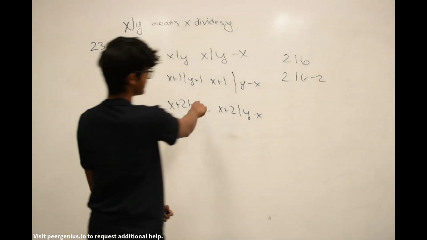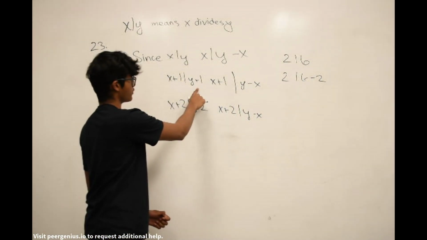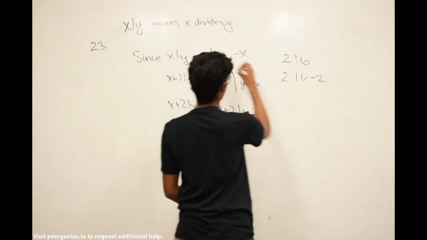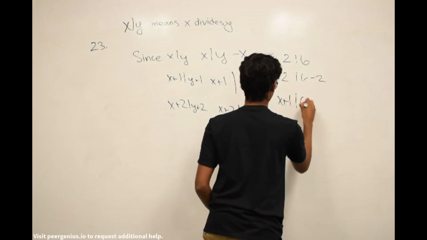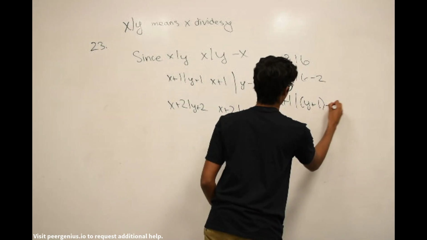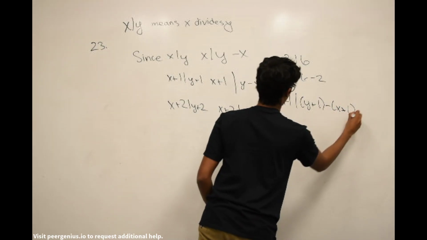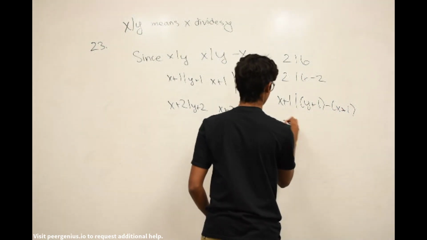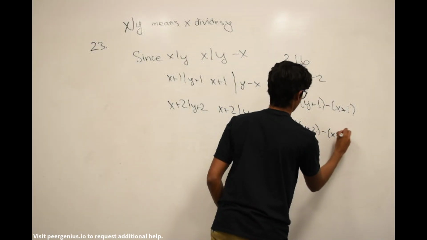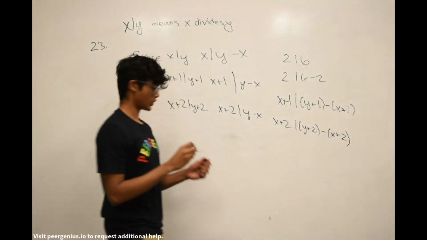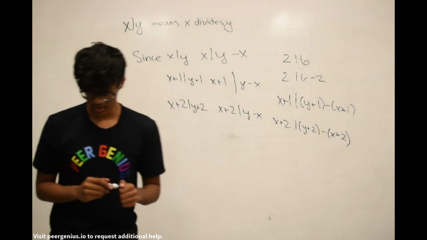Also, for these cases, x plus 1 divides y plus 1. So instead of y minus x, it's x plus 1 divides y plus 1 minus x plus 1. And here it's x plus 2 divides y plus 2 minus x plus 2. So yeah, now that's your condition.